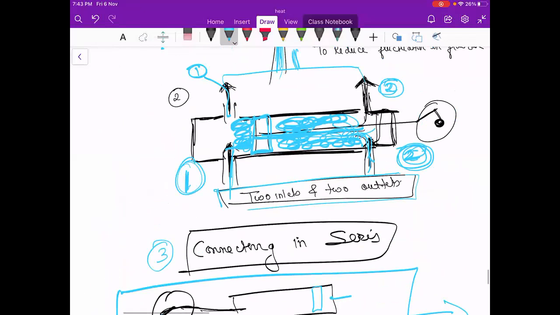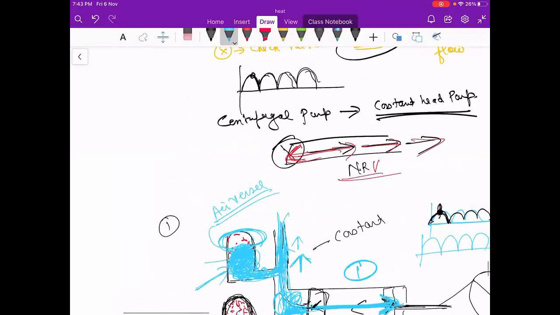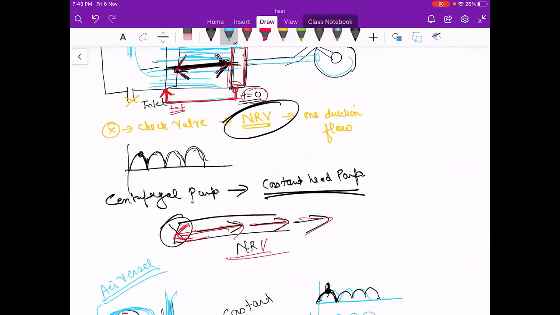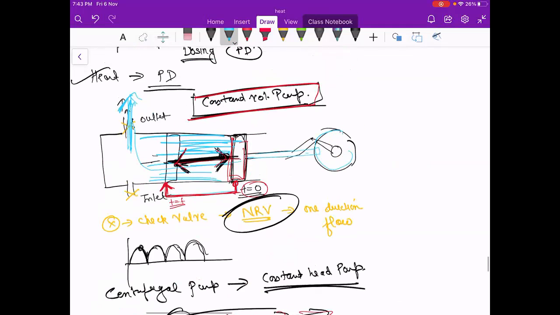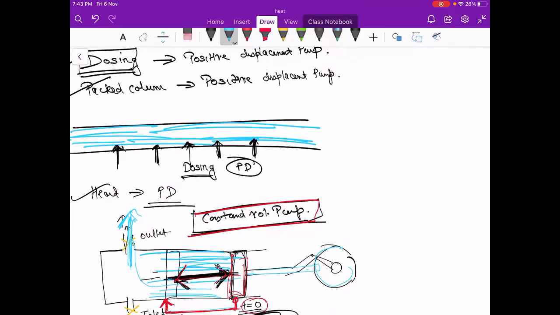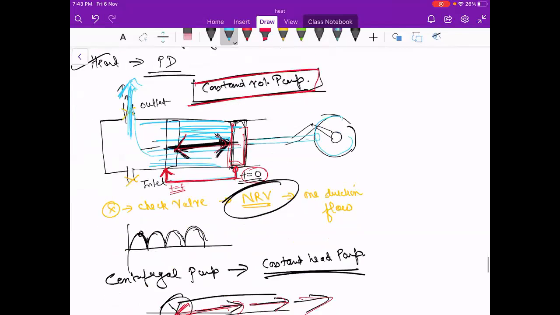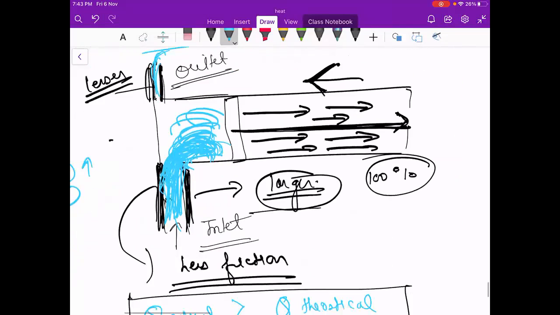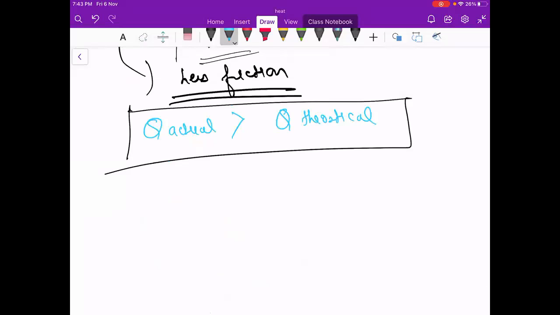See, the centrifugal pump is a constant head pump, and the reciprocating pump is a constant volume pump. Aparva, I have written all the things. So everyone got this.